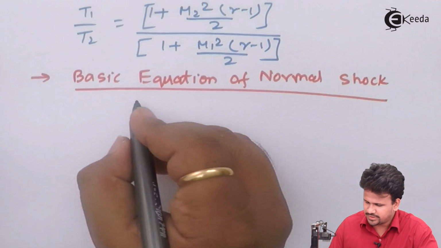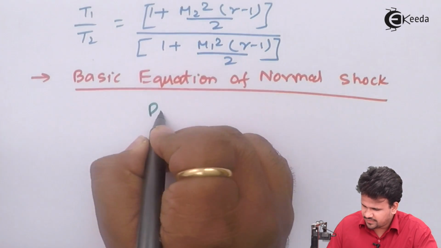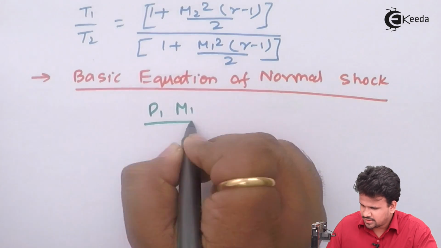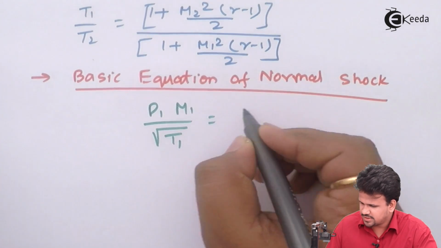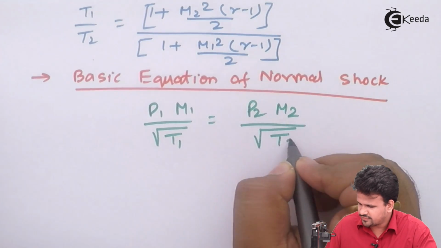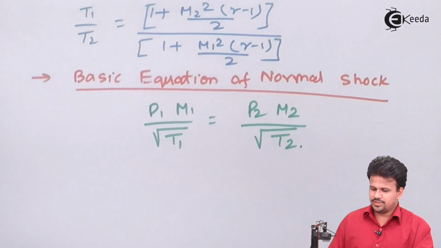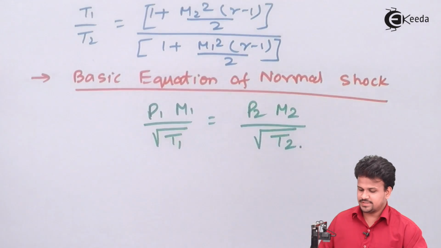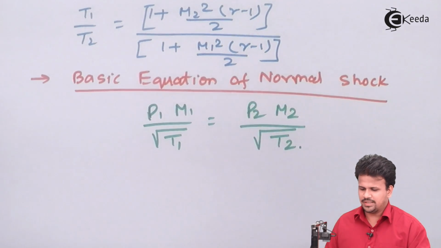So we get P1 M1 upon square root of T1 is equal to P2 M2 upon square root of T2. Now over here we need the relationship between P2 by P1.